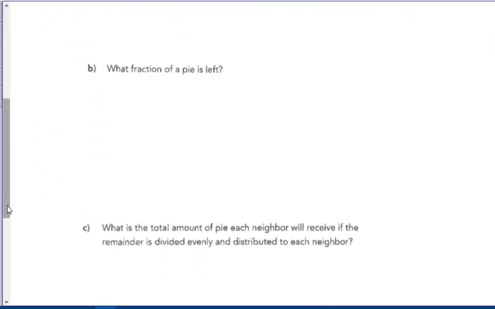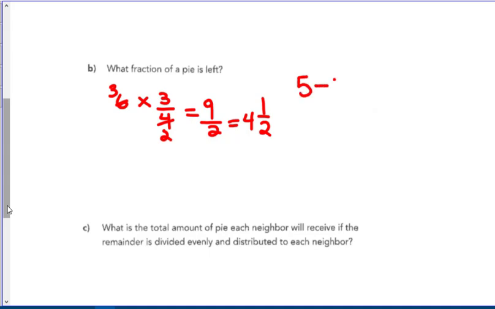What fraction of the pie is left? Well, if she has 6 neighbors that she distributes 3/4 of a pie to, right? We have to figure this out. So I can cross cancel 2's out of there, and I get 9/2, which is the same thing as 4.5. So 5 pies to start with, and she's given 4.5 pies away.